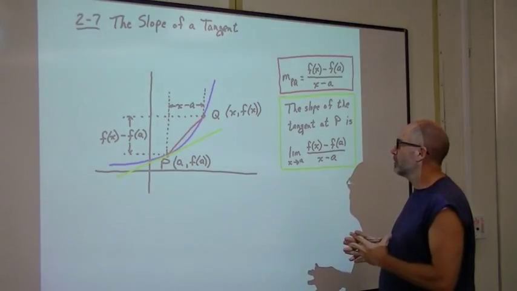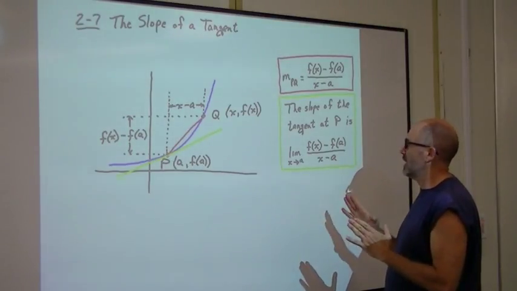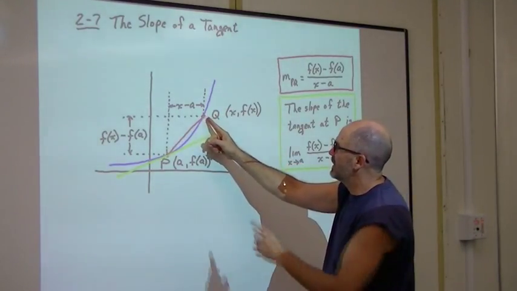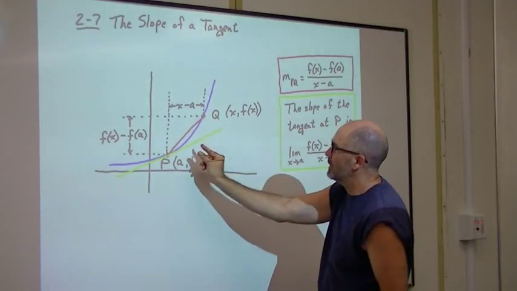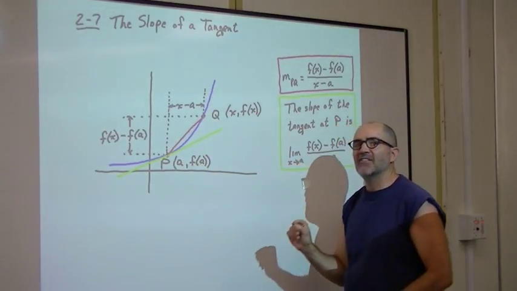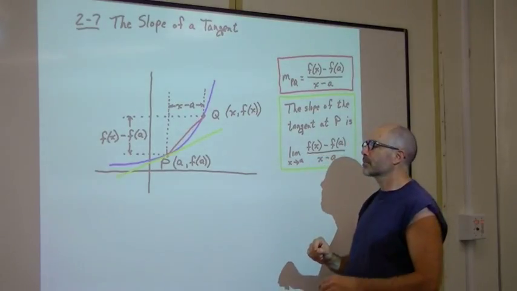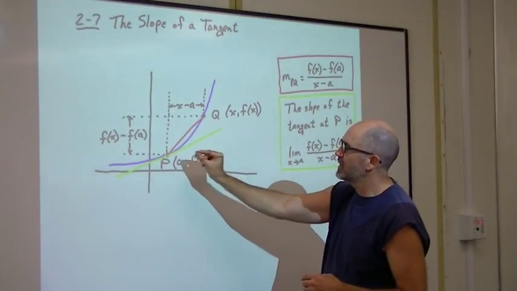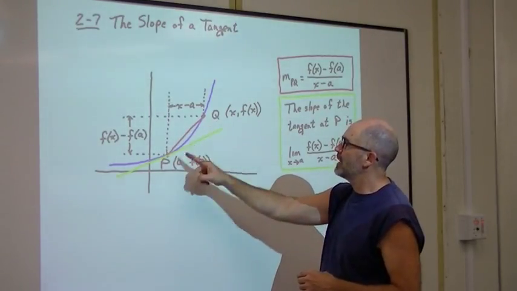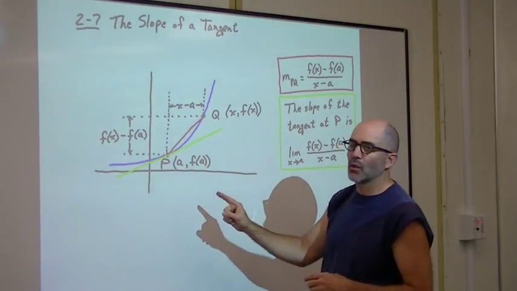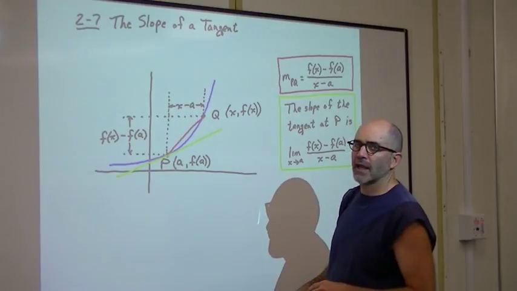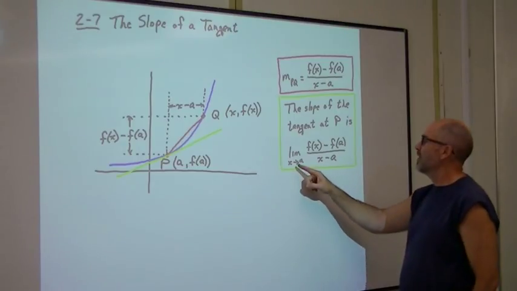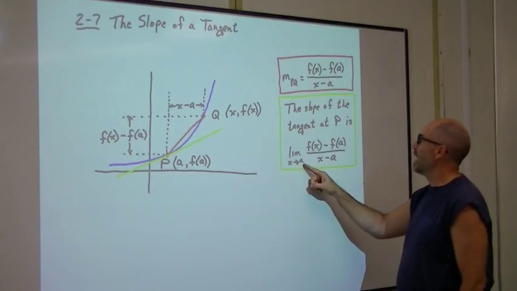Okay, now the slope of the tangent at P. Remember the whole principle that we talked about. If we make this distance between P and Q smaller and smaller and smaller, so it's infinitesimally small, or as we make Q arbitrarily close to P, then the slope of PQ gets sufficiently close to the slope of the tangent at P. All right, so the slope of the tangent at P is going to be the limit as x approaches a.